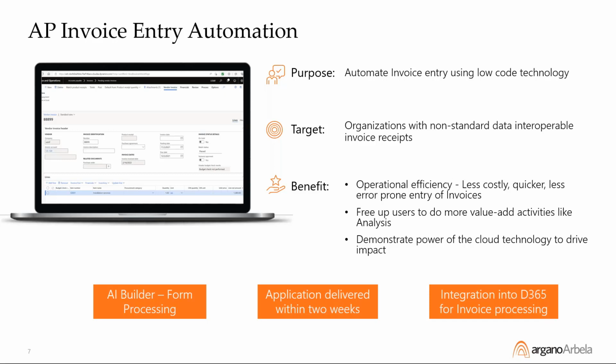So we're going to be looking at how we can automate some of these activities so you can reduce costs for specific operations like invoice entry. They take less time and you have fewer errors associated with the entry of those invoices.